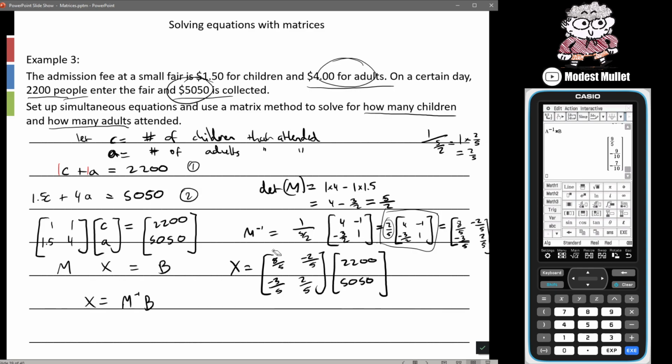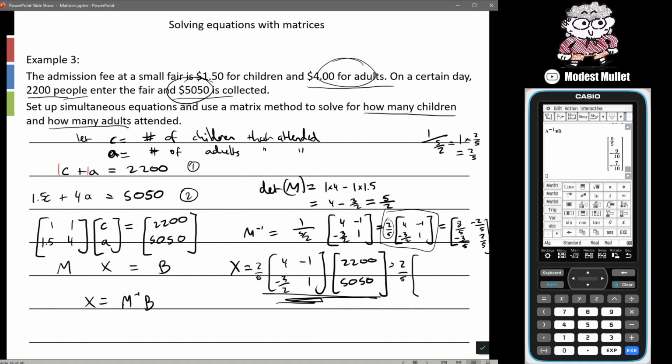annoying sort of fractions. So the other way we could do this is 2/5 by [4, -1; -3 on 2, 1]. And we can do this matrix multiplication bit first and leave the 2 over 5 out the front, which we might do. Let's do that. That'll be a lot easier.